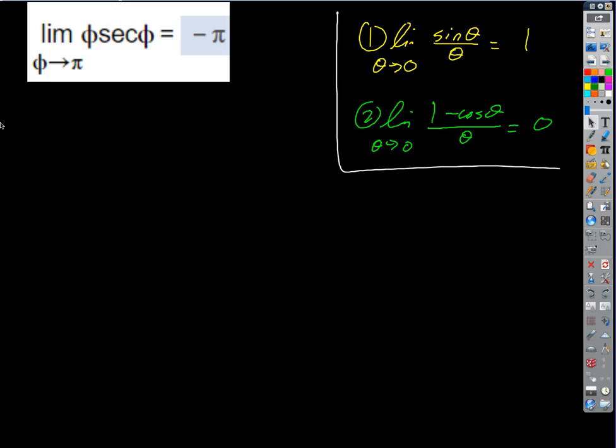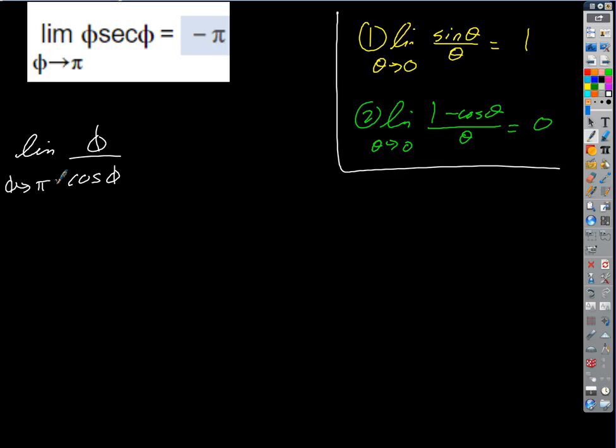What happens here? It's written in terms of secant, so what do I probably want to do? Okay, 1 over cosine. So then I could write this as the limit of phi over cosine phi as phi approaches pi.